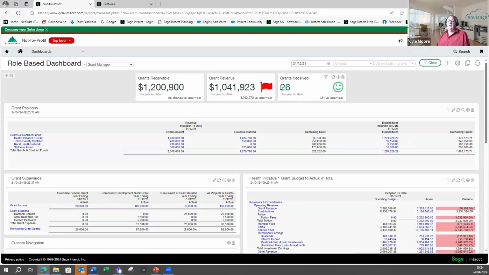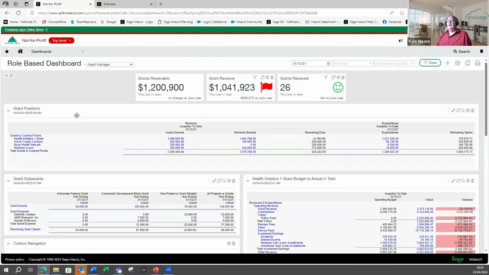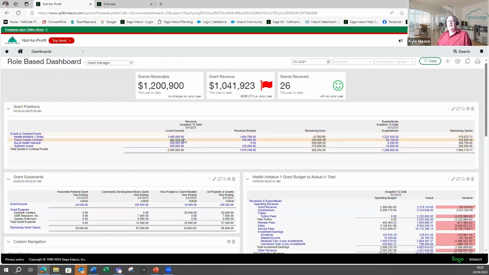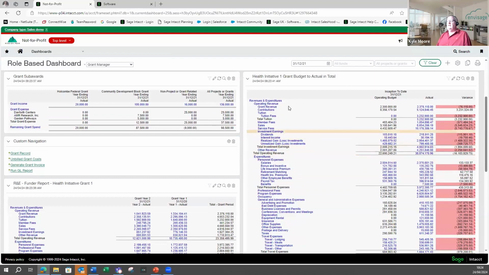There's the statistical journal of how many we've got, looking at our grant positions, what's been awarded, what revenue's been booked, etc. We can look at, this is one of the initiatives that we have, one of the projects or grants that we have on the system. So we're looking at that grant as a specific grant. And then we've got all of the different options within that.